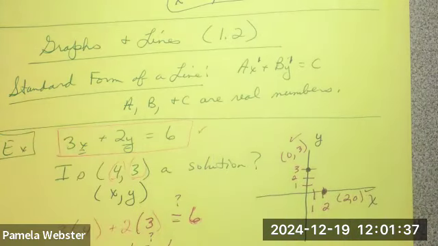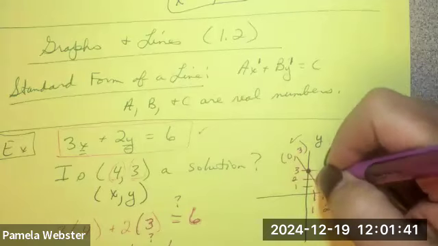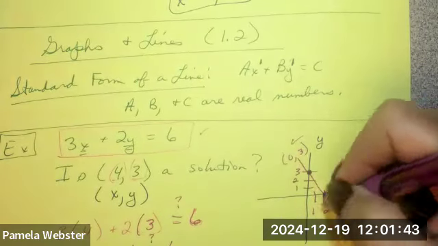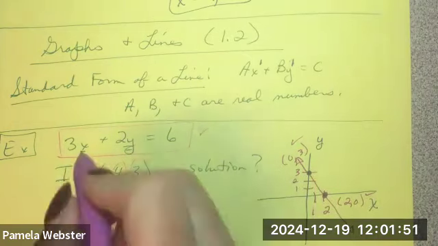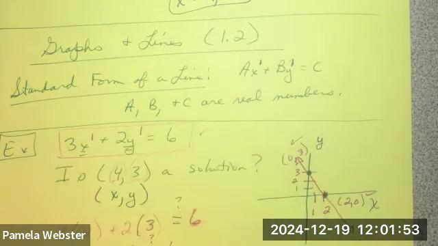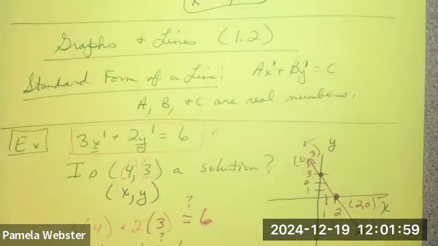Okay, so those are both solutions to this thing, which means I have 2 points on this graph, and if I wanted to draw it, for a linear equation, 2 points makes a straight line. 2 points is fine. These are both x to the first, y to the first. They both have exponents of 1. So these are not going to be weird curves or anything like that. We'll get into the curves later.